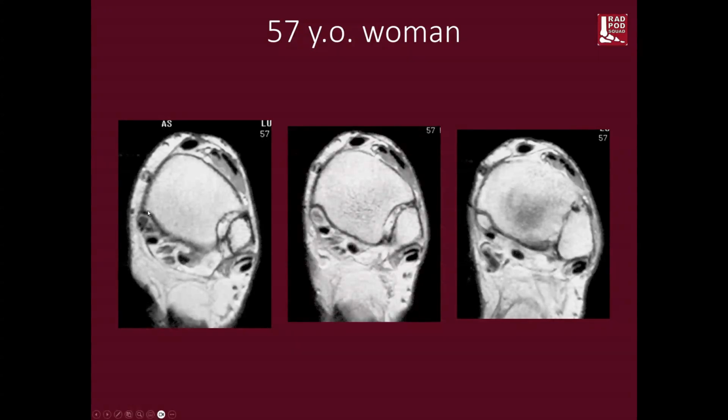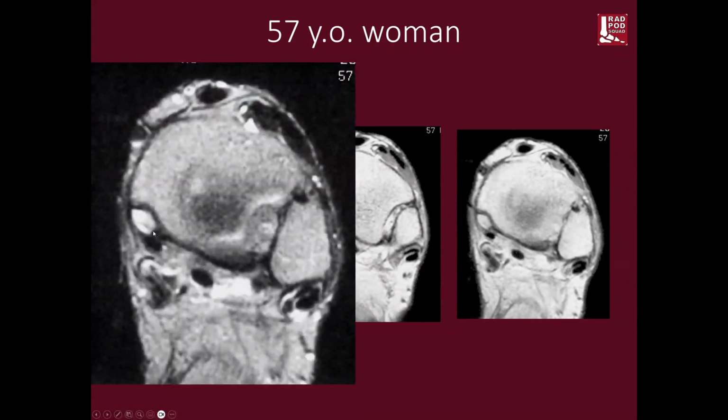If we follow this groove, which is the medial retromalleolar groove, that's going to be your posterior tibial tendon. And what you can appreciate is that it is not homogeneously low in signal like the flexor digitorum and the flexor hallucis. So this is a tendon tear. Notice one slice down, it gets even thinner, and then it's empty. So that's actually the tendon edge of the posterior tibial tendon in a full thickness tear, empty.